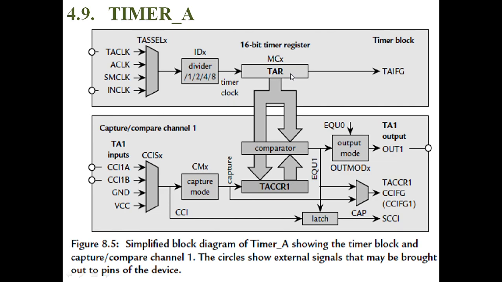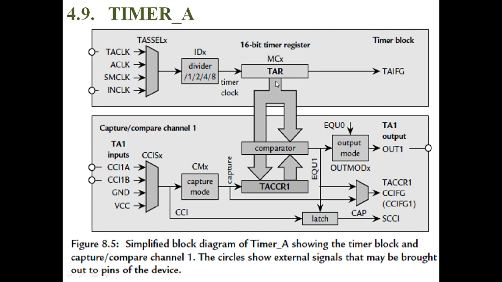Each time, this timer A register compares its value with the value in the timer A capture and compare register. If both values are equal, it generates the capture or compare interrupt flag, and at the same time the timer A interrupt flag.